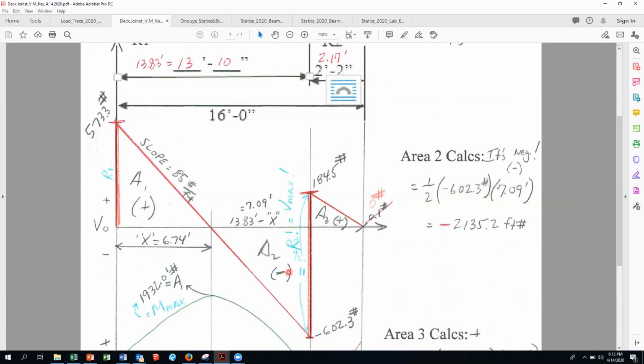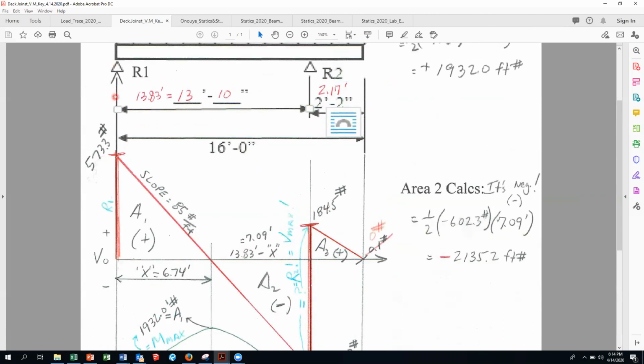Okay, the maximum shear is always the largest value at any point along the beam. Not between points, but at any point on the beam. So here, don't forget, at every concentrated load, and a reaction is a concentrated load, I have 2 values of shear, 0 and 573.3.